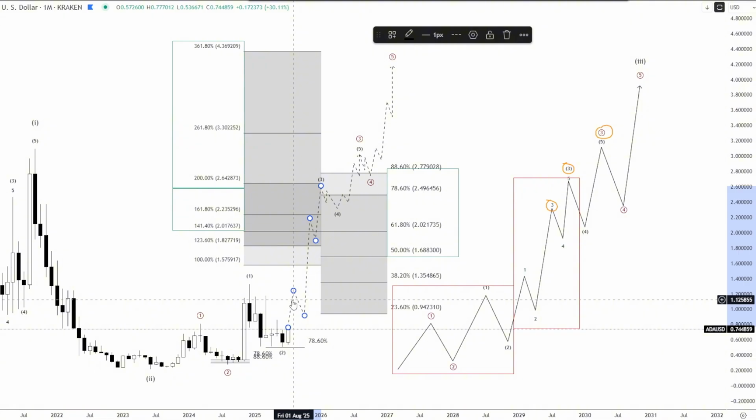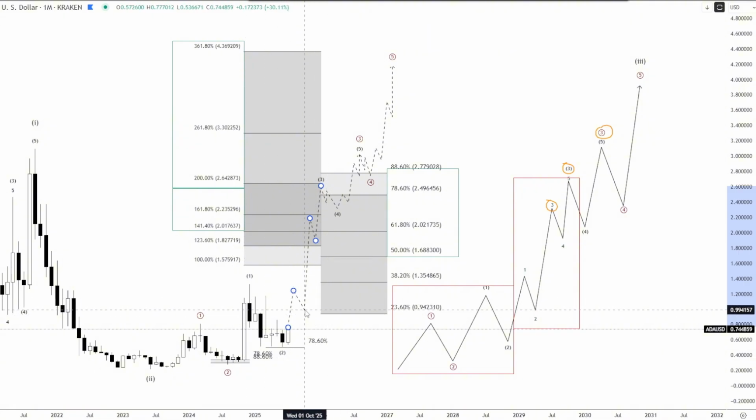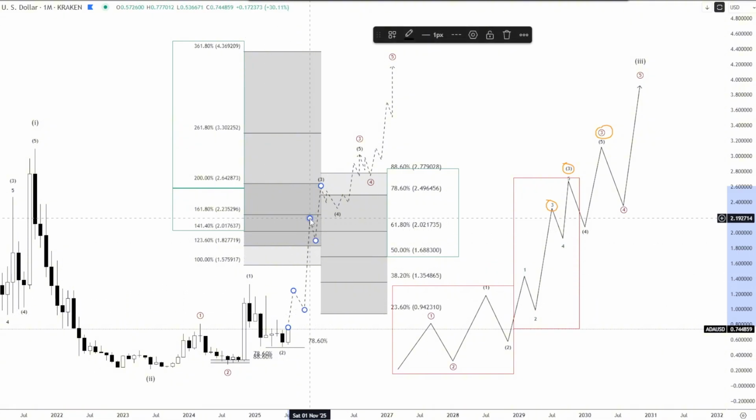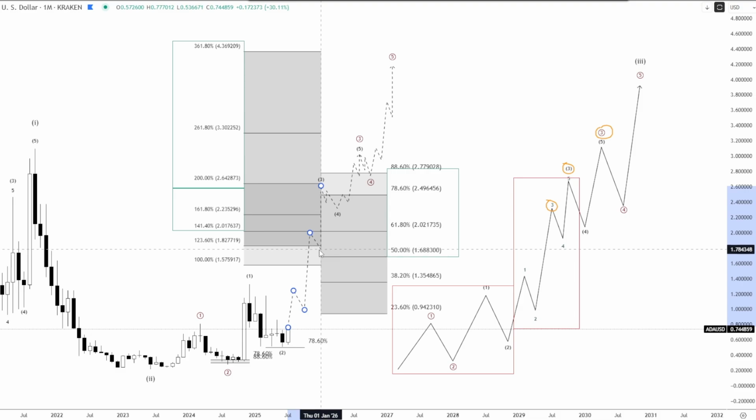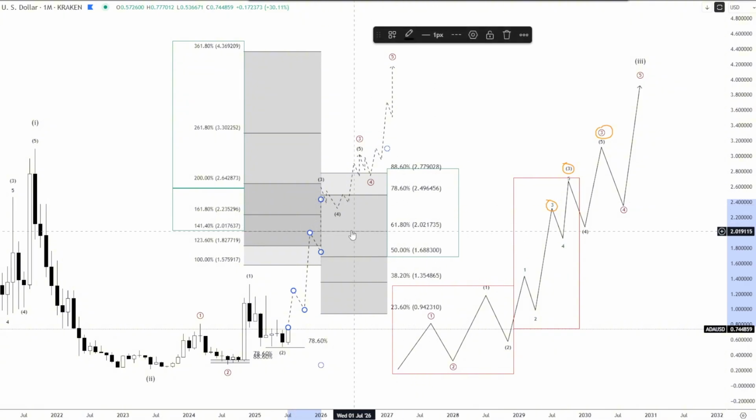We see a correction, we consolidate here, and then the final blow comes, and it should break this level, it should break the 50% level, and I think it will test at least the 61.8 level before it goes for a final blast off above $2, right? So $2 until this wave, and then above $2 to finish off this third wave of the third wave.